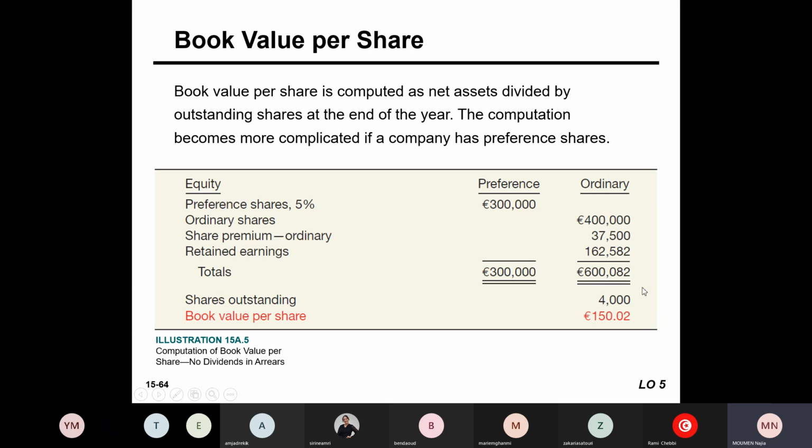If we divide it by the number of shares outstanding, we get the book value per share. That's when we have no issue of dividends in arrears. This is the basic situation when you have preference shareholders, but no dividends that were not distributed in prior periods.